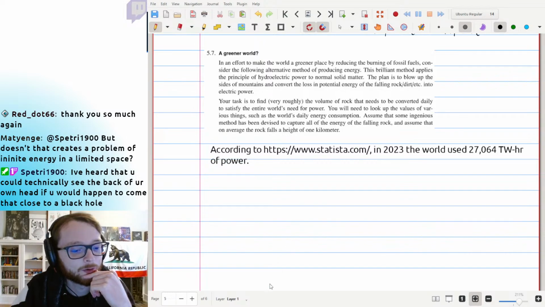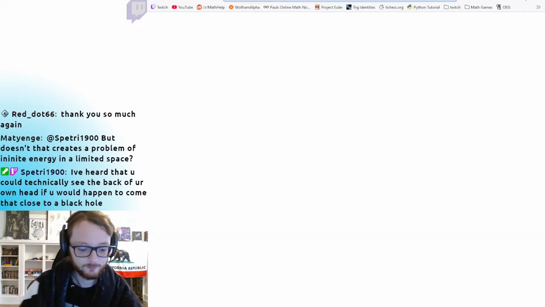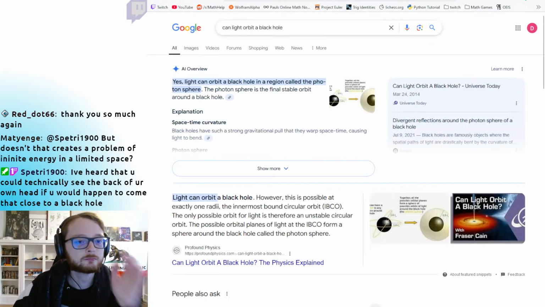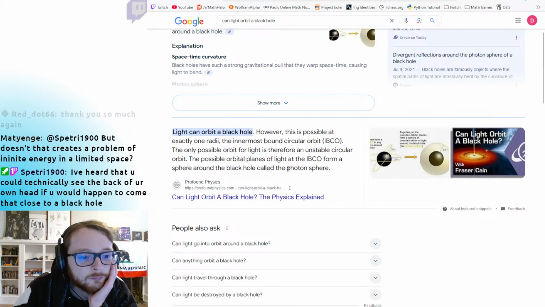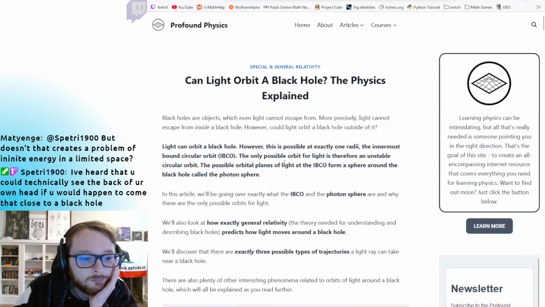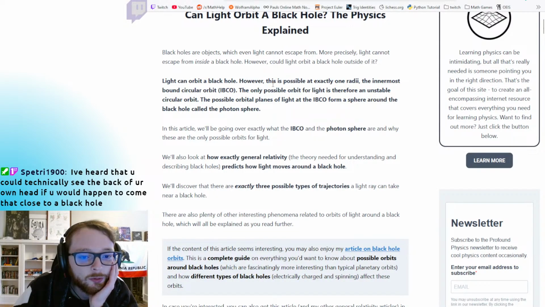I definitely would not be able to speak authoritatively on that, but you can see what Google says. Light can orbit a black hole. It's only possible at exactly one radius, the innermost bound circular orbit. That wraps my understanding of the topic.